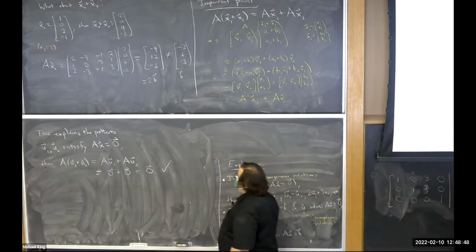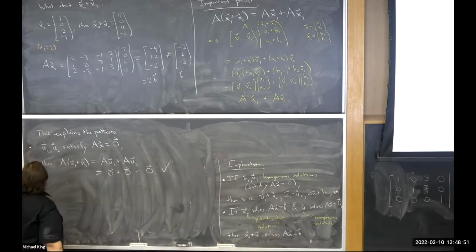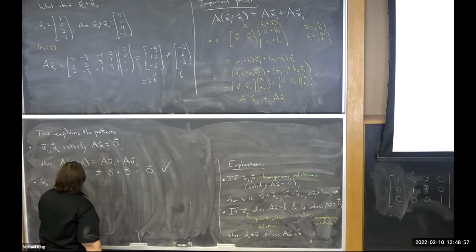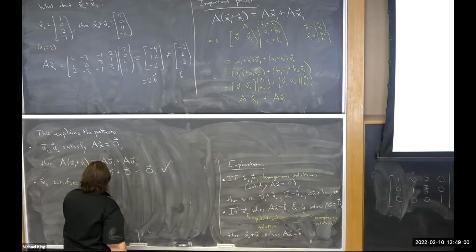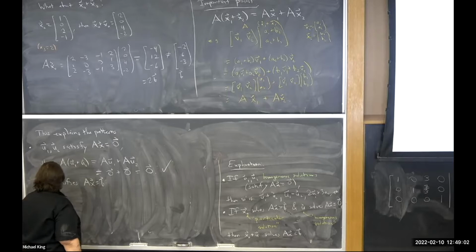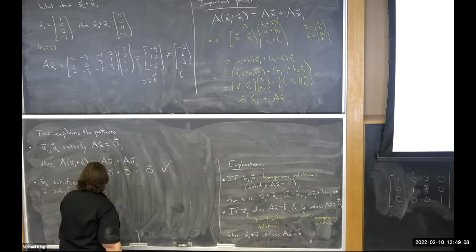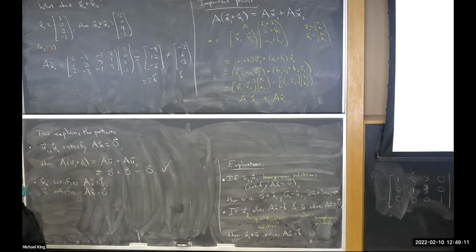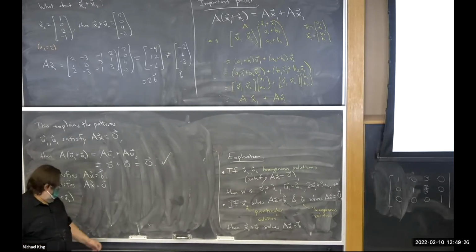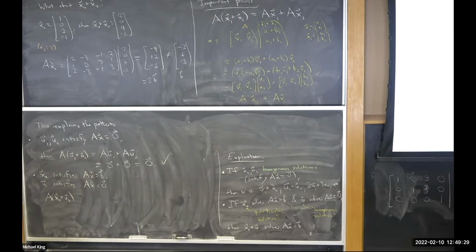But then also, if X naught satisfies AX equals B, and U1 satisfies AX equals 0, then when you try to do A times (X naught plus U1), you guys see what's happening now? Just distribute and plug in, right? Is that working?